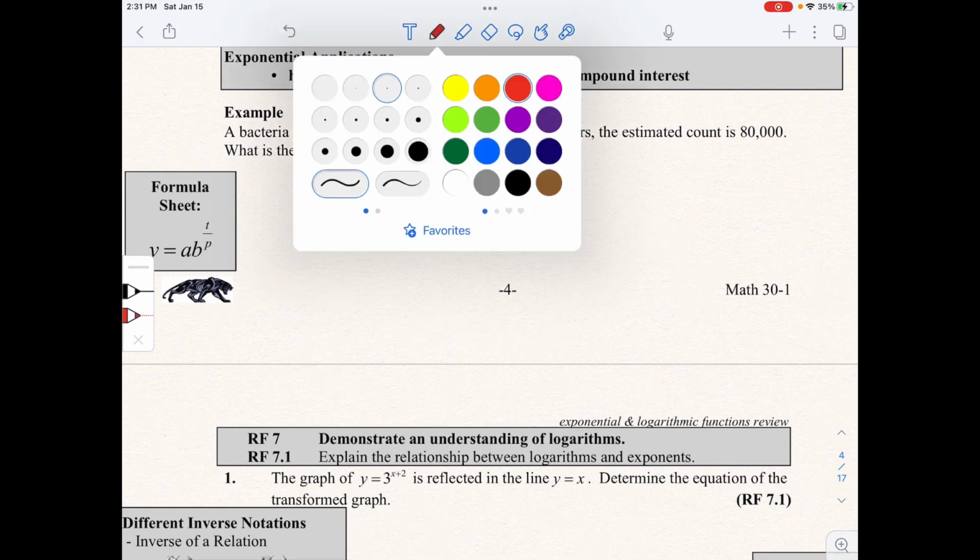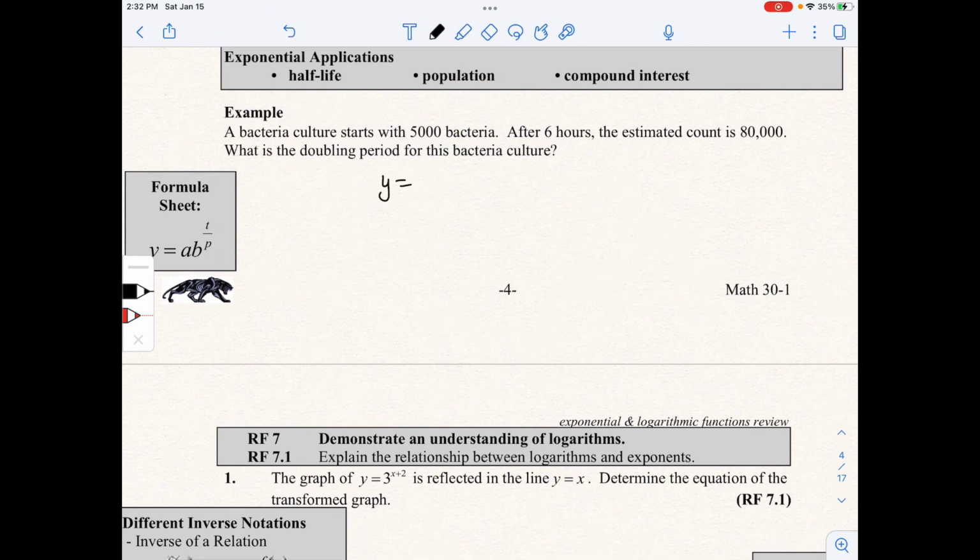So our little formula here: y equals a times b to the t over p. A is our initial amount, that's always our start amount. B is what we're doing, doubling or tripling or half-life, etc. T is our actual time.